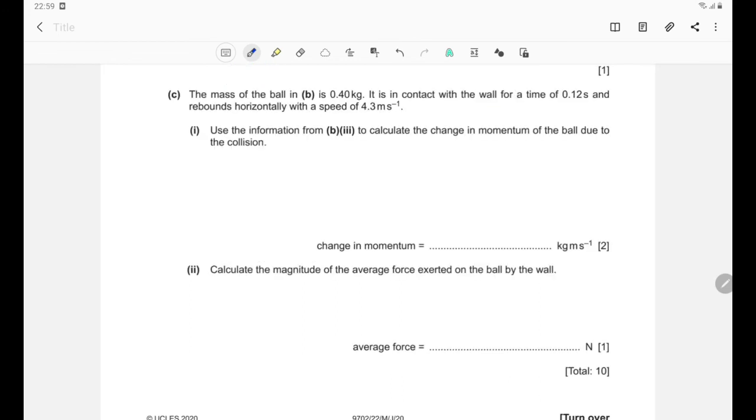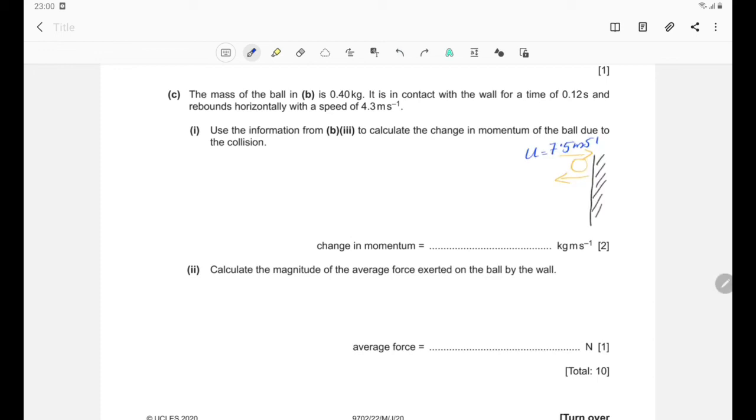See, the mass of the ball in B is 0.40 kilogram. It is in contact with the wall for a time of 0.12 seconds and rebounds horizontally with a speed of 4.3 meters per second. Use the information from B3 to calculate the change in momentum of the ball due to the collision.